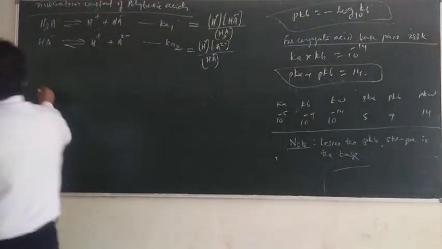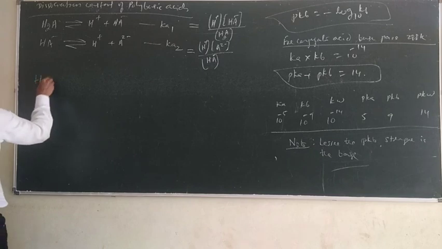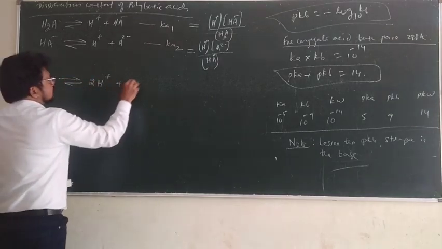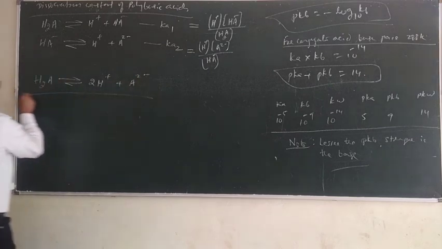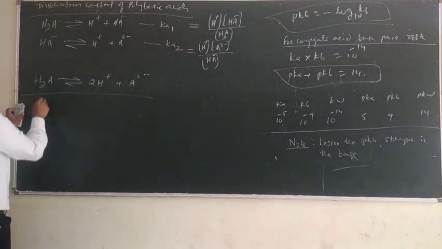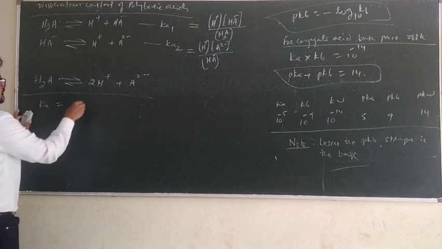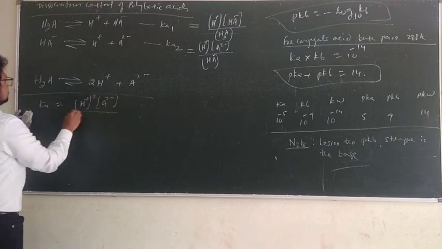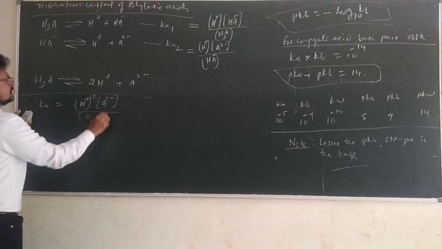When you take H2A directly as 2H plus and A2 minus, what will happen? What is K? H plus square into A2 minus divided by H2A.